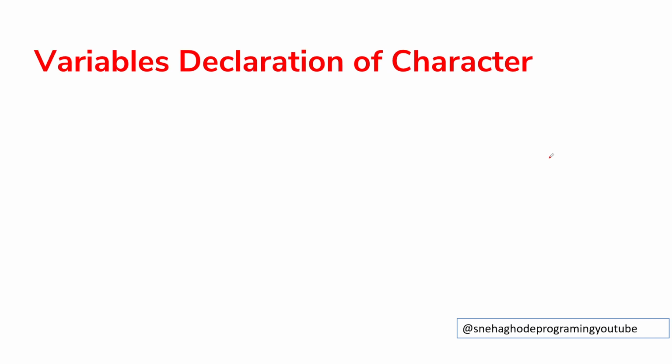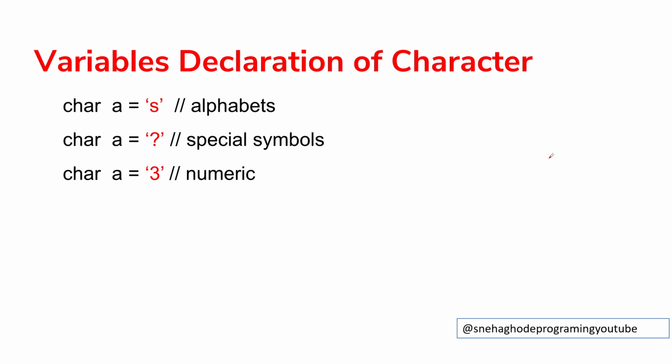Then variable declaration of the characters. Now the character A is equal to, yes, I already told you, you have to declare the characters in single quotes. So the first one is nothing but the alphabet. You can also declare a number as a character, but anything you declare in single quotes will be considered as a character.